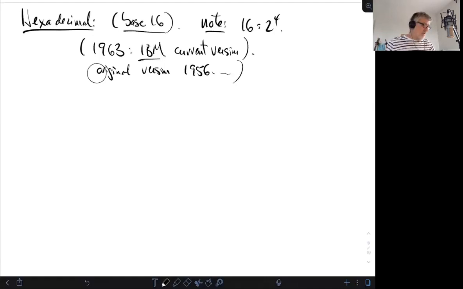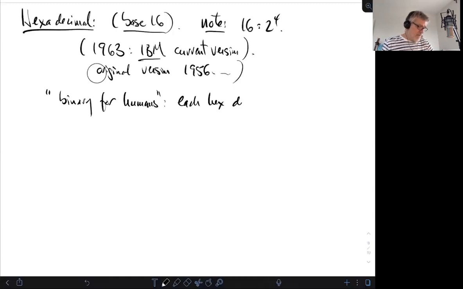It's used in C++, Java, HTML. And again, this is basically just an encoding of 4 bits at a time. Okay, so this is binary for humans. So each hex digit, hexadecimal, it's long to say, so we say hex. Each hex digit encodes, this time, 4 bits, right? 2 to the power 4.